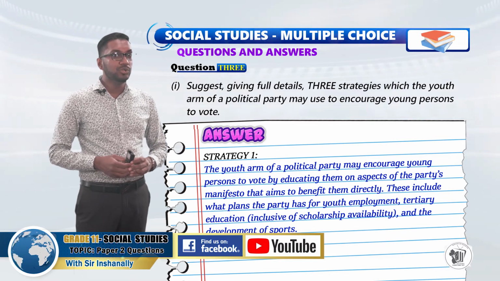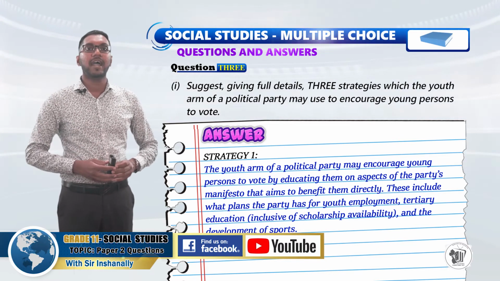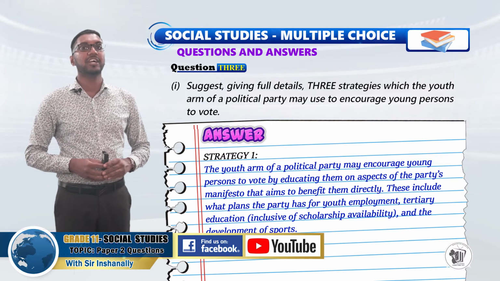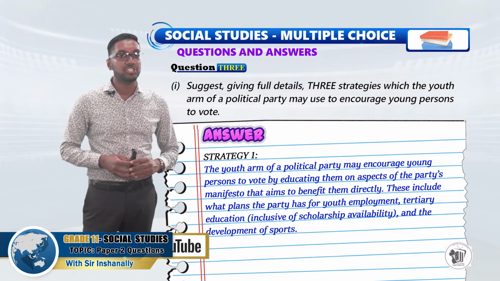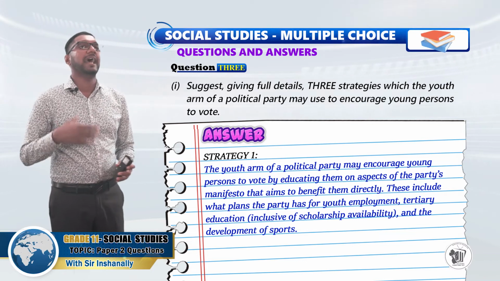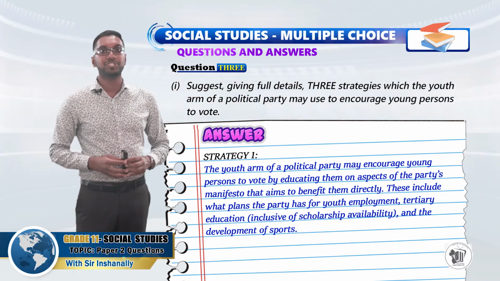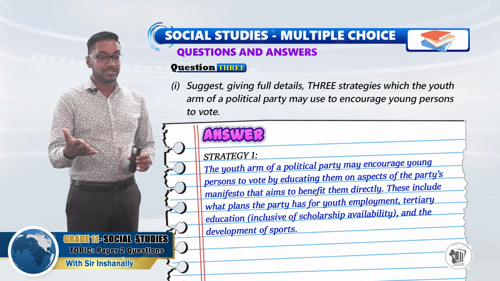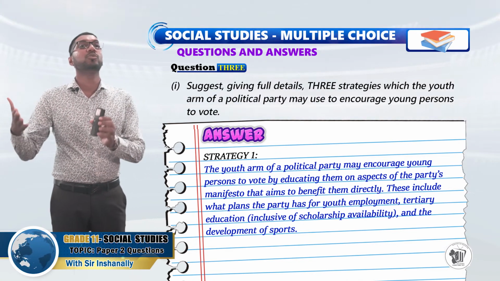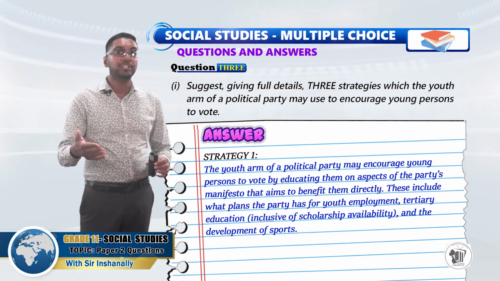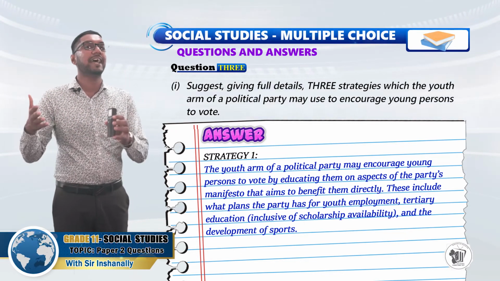These include what plans the party has for youth employment, tertiary education, inclusive of scholarship availability, and the development of sports. In other words, students, the youth, the young persons who are going to be voting at the elections, they will be concerned with issues that affect them directly.